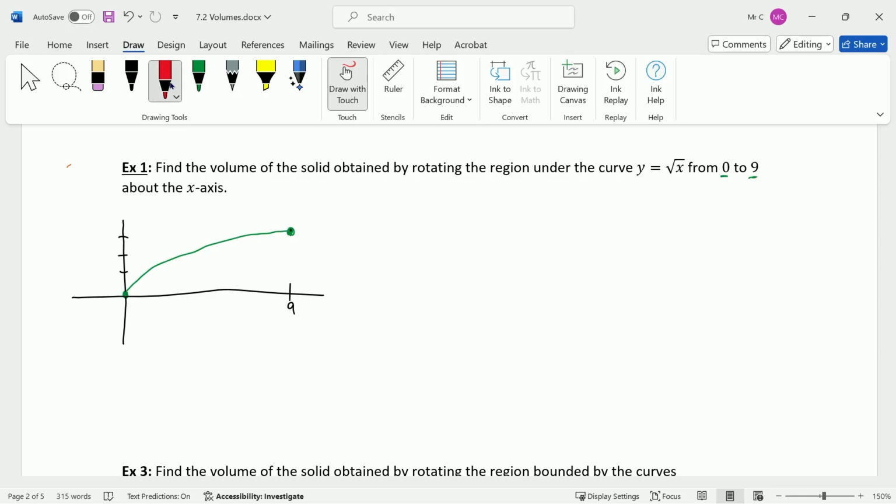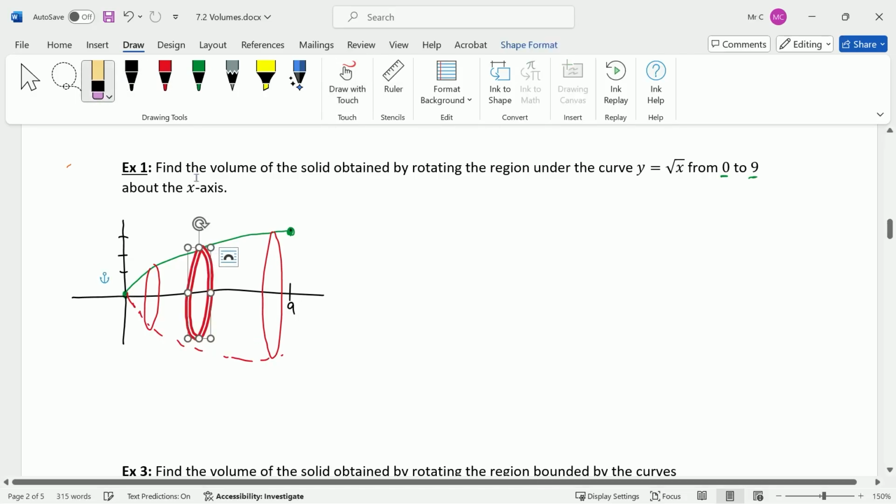And so the idea here is that you are taking this graph and you are rotating it around the x-axis. I could have done a better job on that second one.